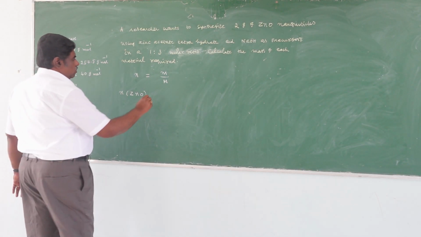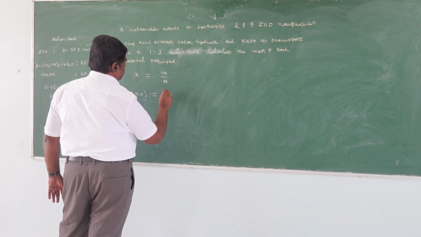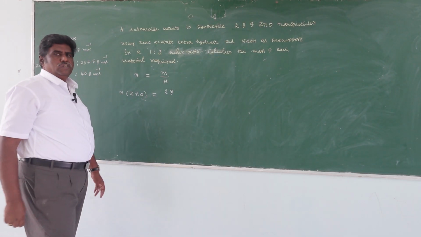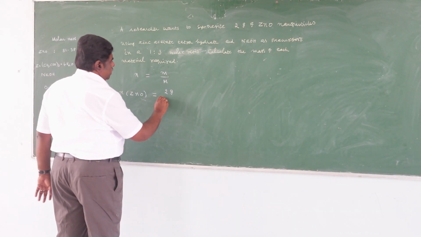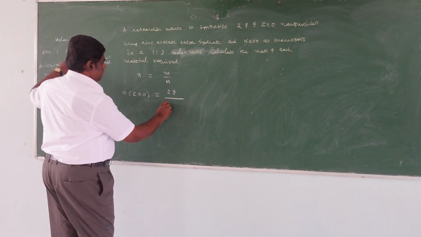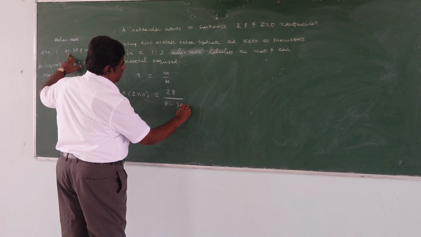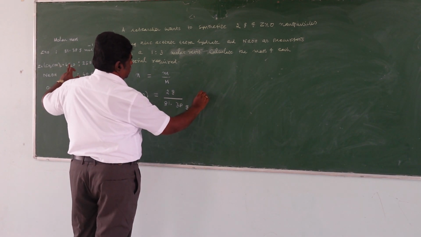n of ZnO is equal to m divided by M. The given mass is 2 grams, since the researcher is going to harvest 2 grams of ZnO, divided by the molar mass of ZnO, which is 81.38 g mol^-1.